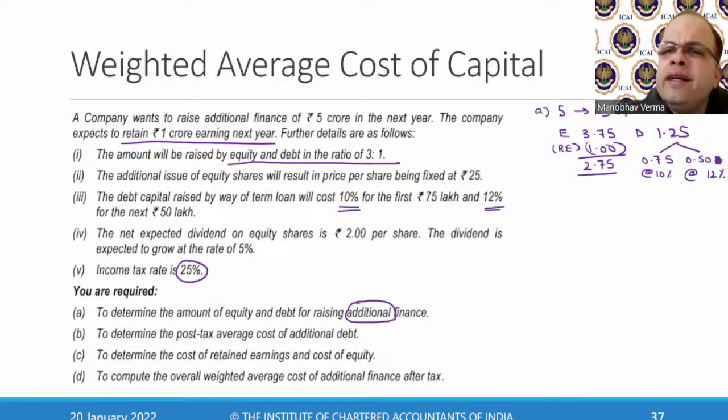Yeah, Charu, retention would be from the earnings itself, na? So if you are willing to retain 1, then you can use that 1. Charu, I hope that makes sense.